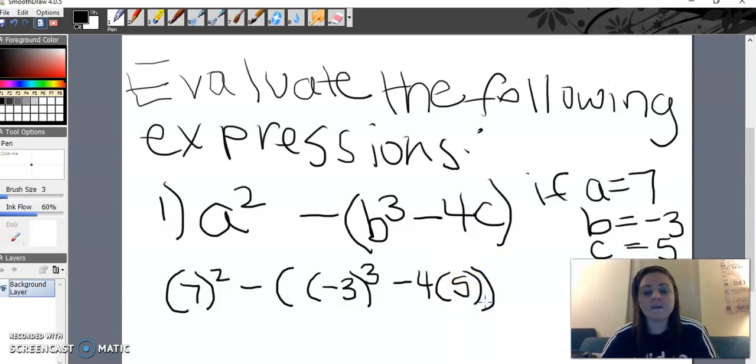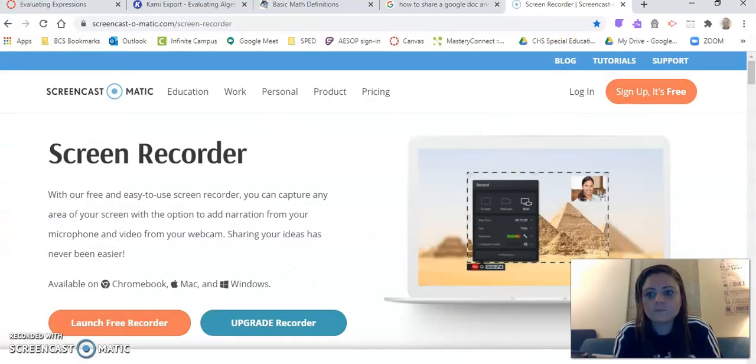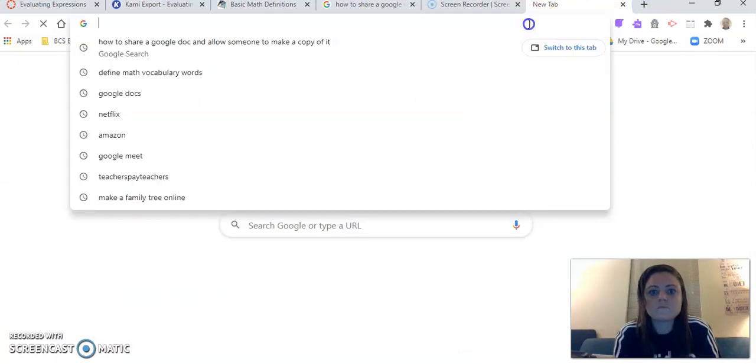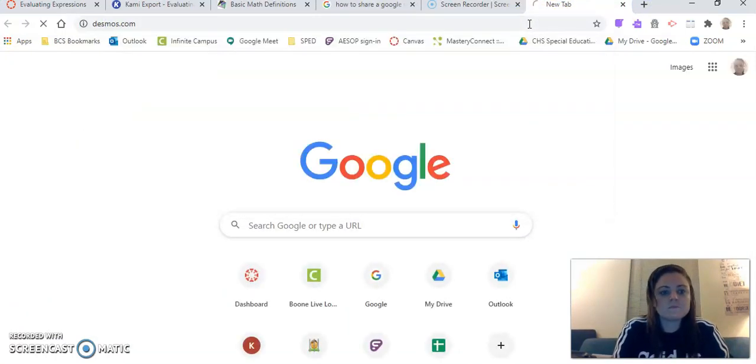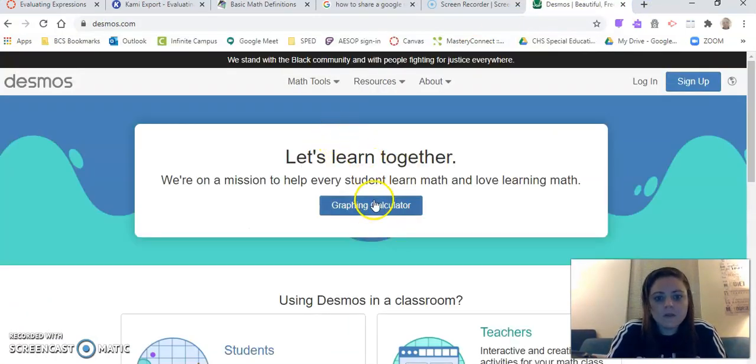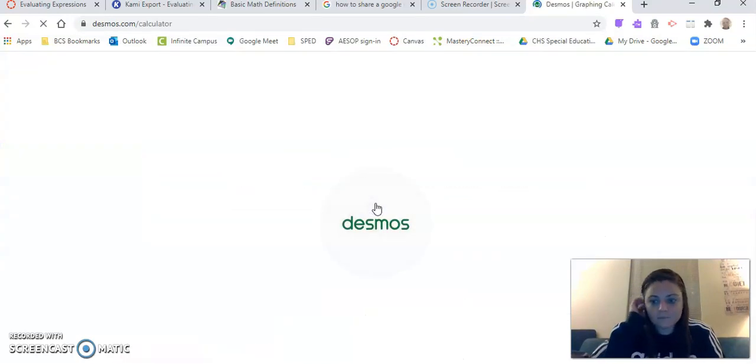Now, in your graphing calculator, when you go to Desmos, you will plug this in just how we wrote it. So I'm writing this down on my paper. Go to Desmos. Graphing calculator.